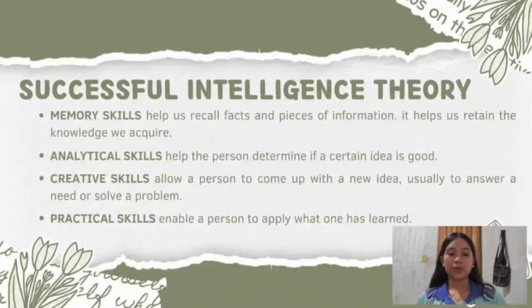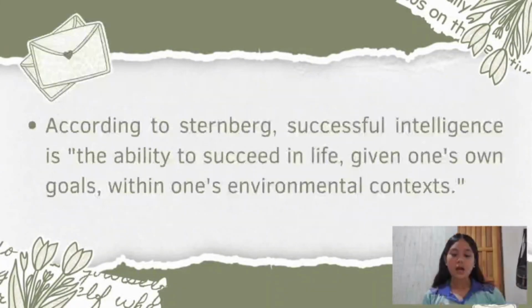Practical skills enable a person to apply what one has learned. So this simply means that what a person has learned, they need to apply to themselves. According to Sternberg, successful intelligence is the ability to succeed in life given one's own goals within one's environmental context.